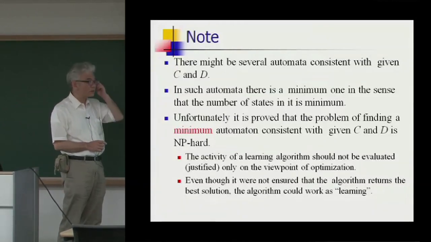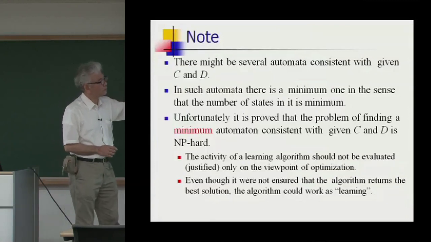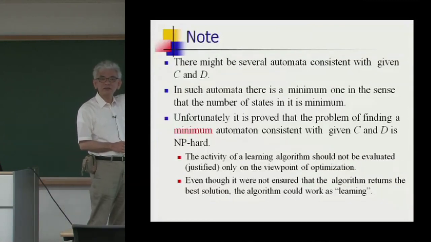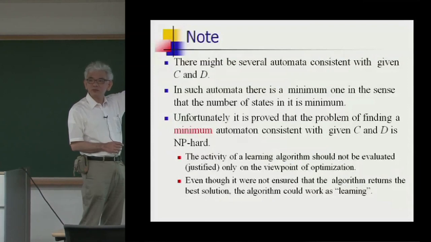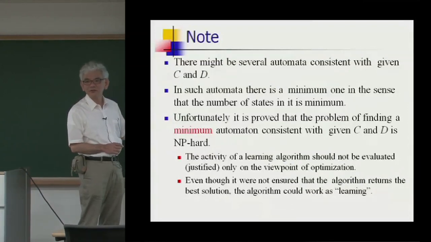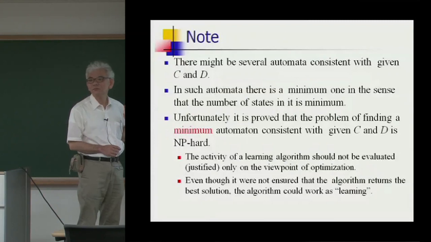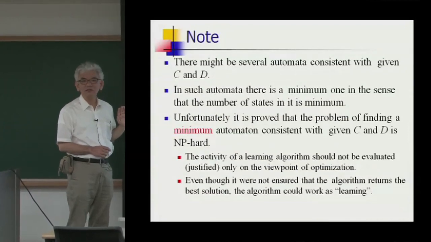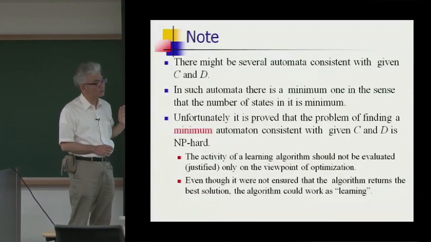So, solving this problem in a combinatorial way is not so good a choice of analysis. This is the analysis completed here. However, we are concerned not with the optimization problem, but with learning.